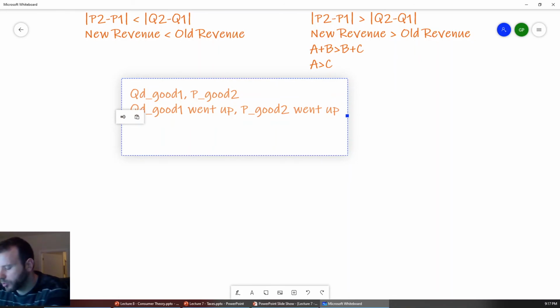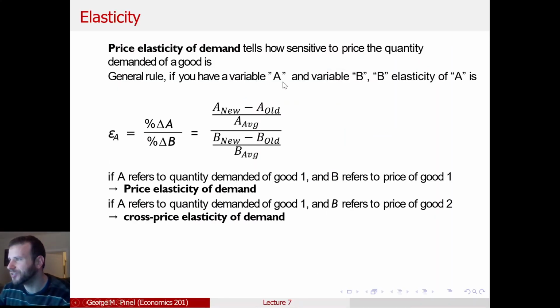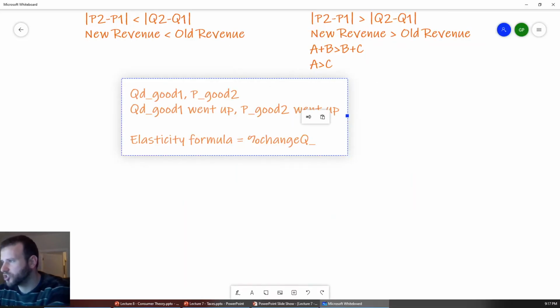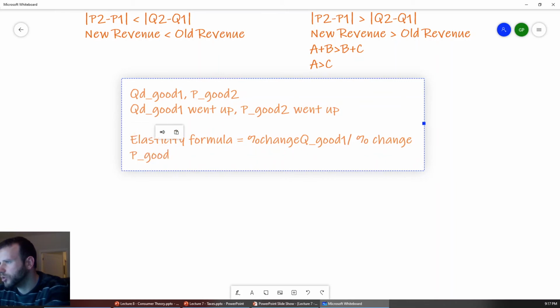If we bring that into the elasticity formula, we have percent change in quantity of good 1 divided by percent change in P good 2.